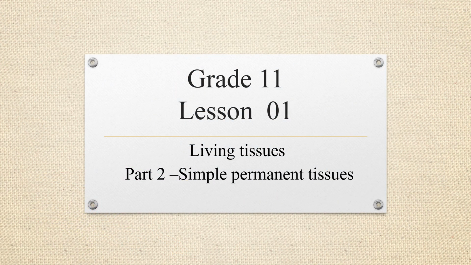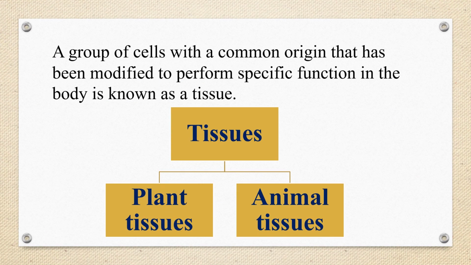Today we have to learn the second part of the first lesson, Simple Permanent Tissues. A group of cells with a common origin that has been modified to perform specific function in the body is known as a tissue. There are two types of tissues as plant tissues and animal tissues.